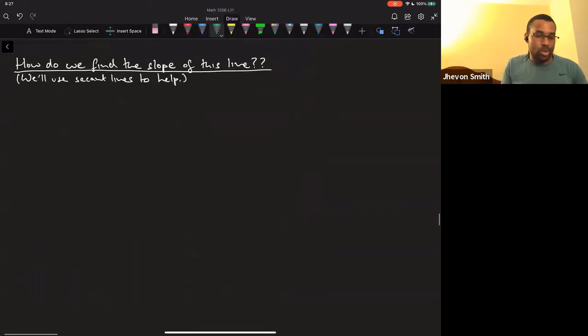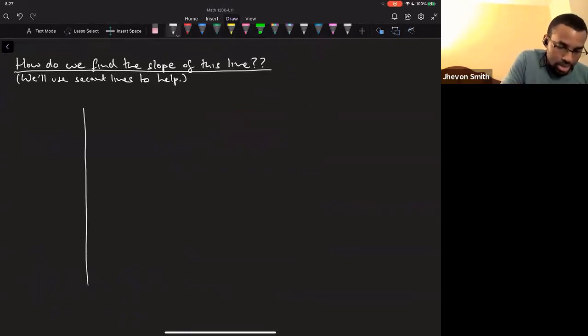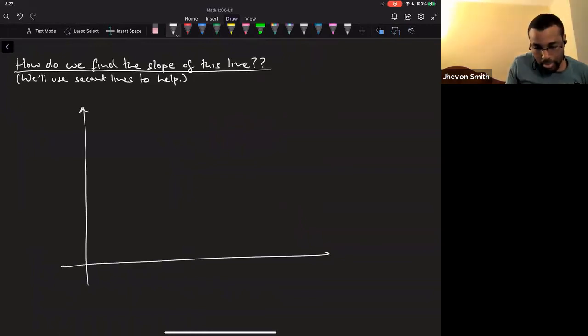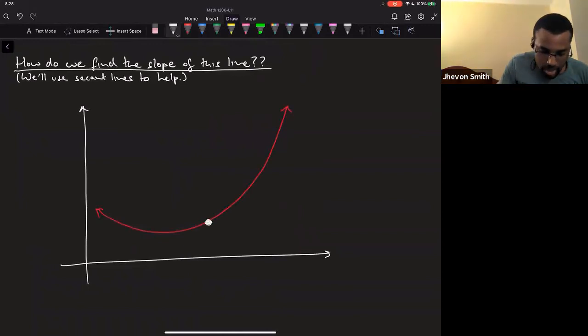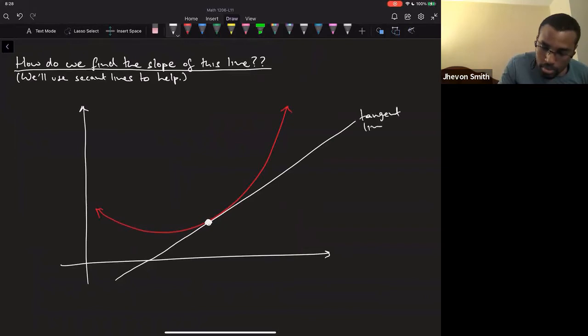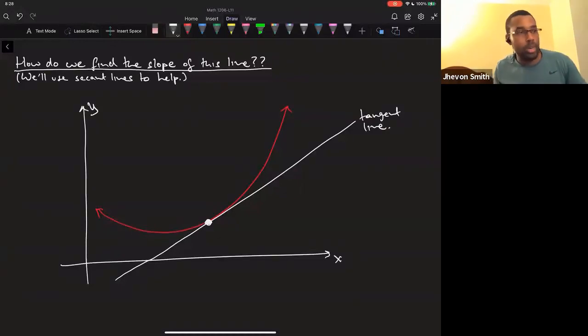So how is that going to look? The idea is, here is our curve. There's a point we care about right here, and there's a line we care about. That's the tangent line. And the idea is that tangent line would look closer and closer to that curve the more we zoom in.